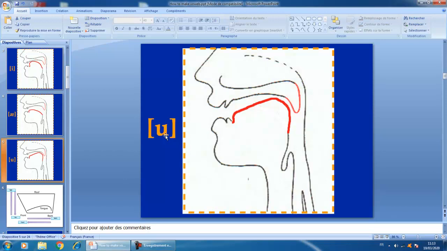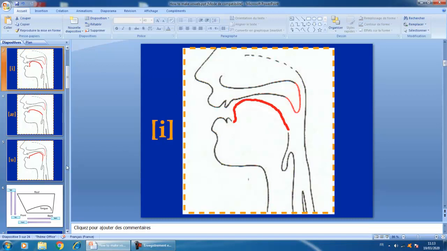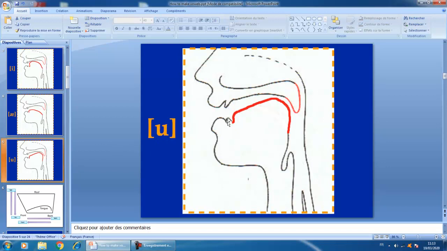Therefore, there is a difference, in terms of two different positions, between E and U. E is called the front vowel because it's the front part of the tongue which is raised. But for U, it's the back part of it which is raised. So we can talk about some vowels being front and some vowels being back.